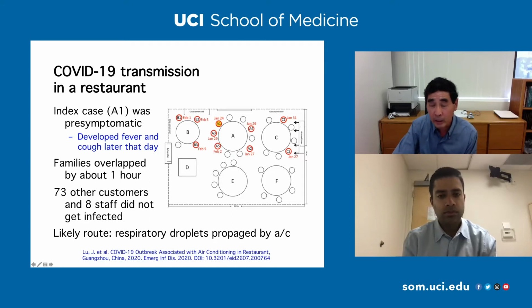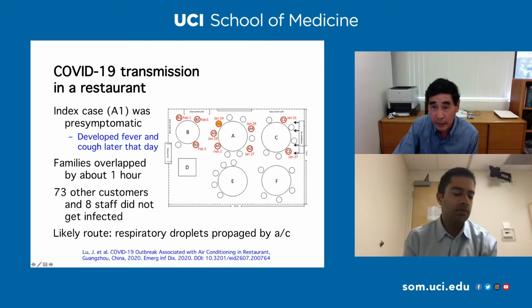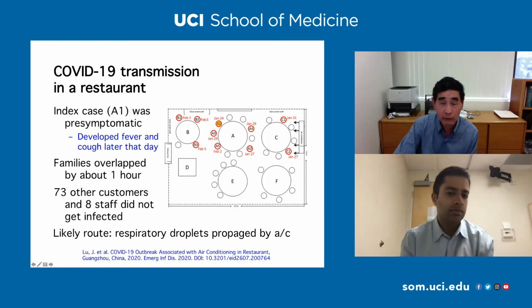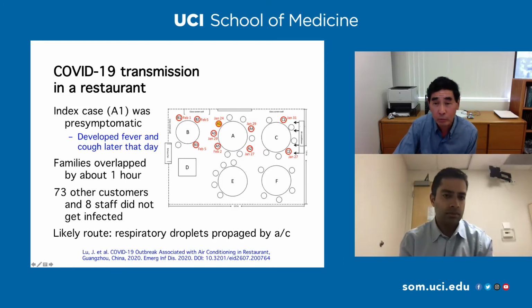This suggests that it's really the air conditioner blowing the air as opposed to aerosol or airborne transmission where droplets of the virus can settle and linger in the air for many hours, and that would affect people throughout the restaurant. So it was really directed by the air conditioner. So it's, again, mostly by respiratory droplets. Also, no staff were infected.